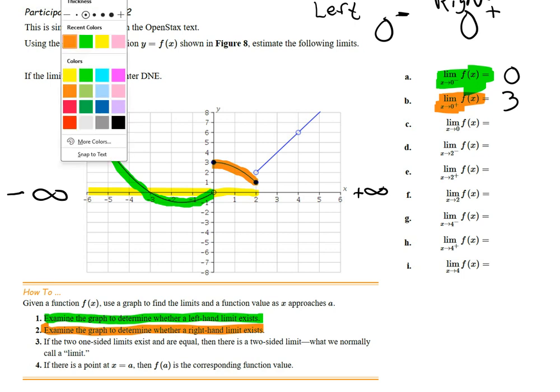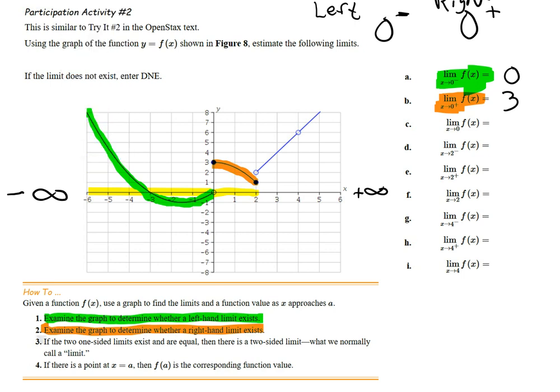And then it says, if the two one-sided limits exist and are equal, then there is a two-sided limit, what we normally simply call a limit. Because these are not equal, this one was 0 and this one was 3, the limit does not exist for that first one.